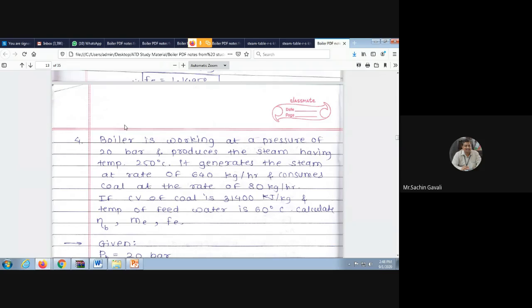A boiler is working at a pressure of 20 bar and produces steam having temperature 250 degrees Celsius.